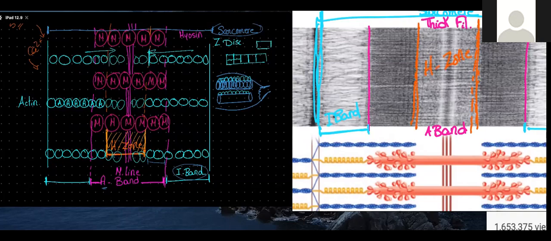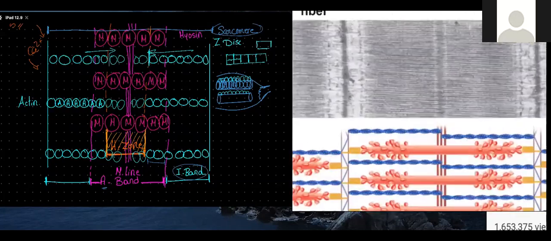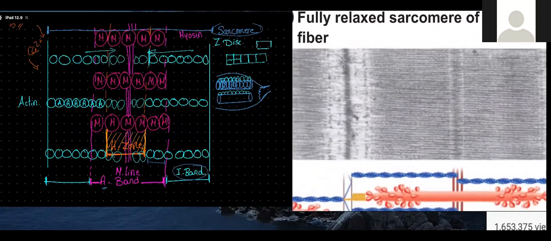So now I'm pulling those Z discs towards one another, like this, sliding those thin filaments towards my M line. So what happens? The H zone disappears, and the two Z discs are drawn towards one another.